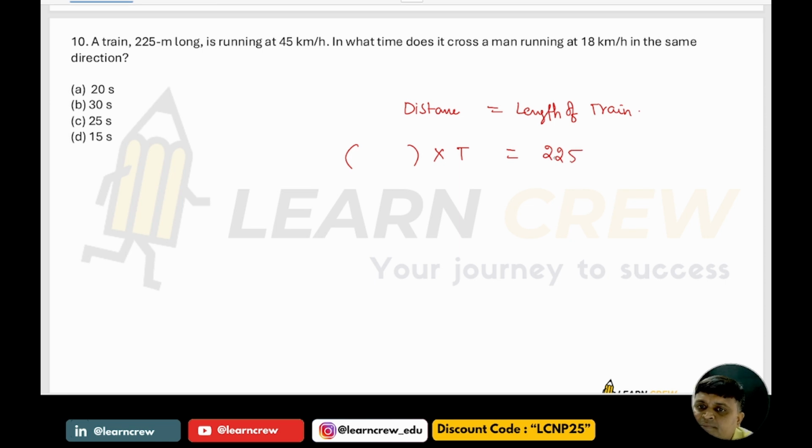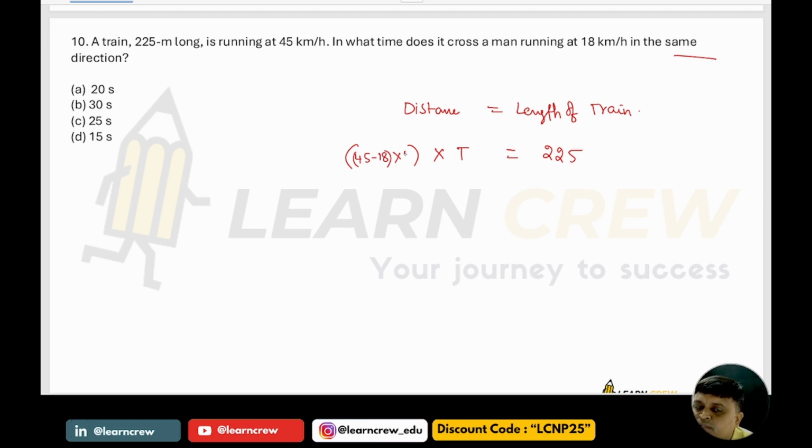Speed into time is distance, and the distance is equal to the length of the train, 225. Here speed means what? There are two objects, train and man, so we apply relative speed. Both are moving in the same direction, so it is x minus y: 45 minus 18 is 27 km per hour.